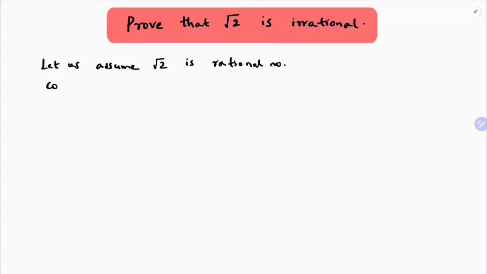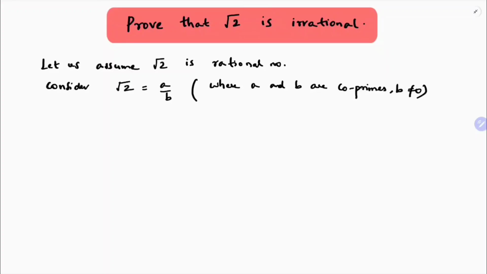A rational number is a number which can be written in the form of p by q. Here I'll take a by b. I'll consider root 2 equals a by b, where a and b are co-primes and b is not equal to 0.